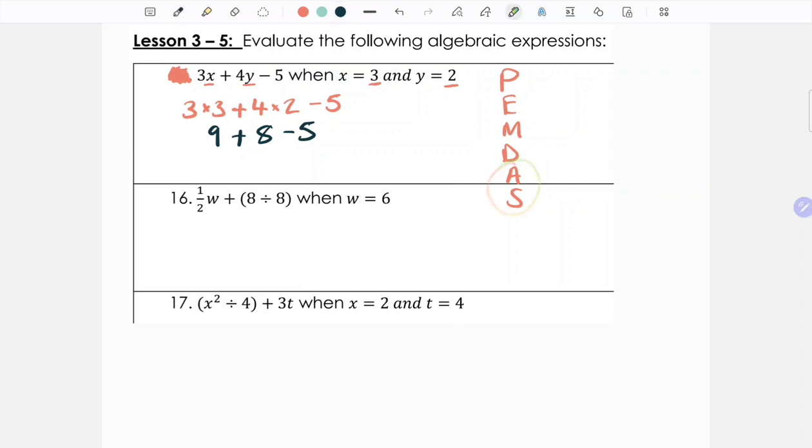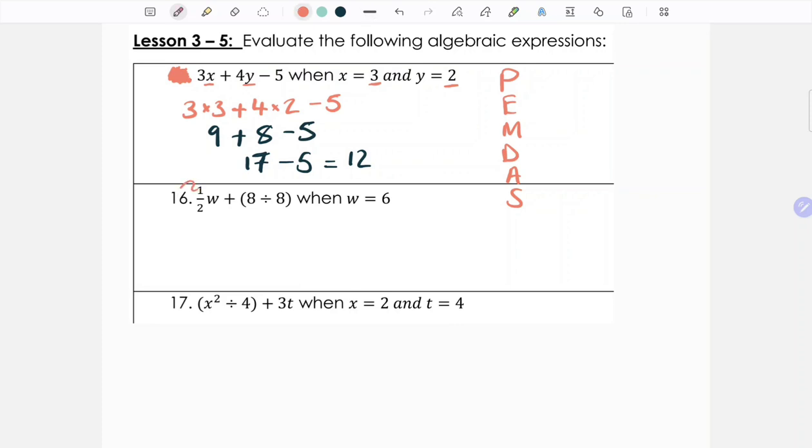Now, which one do we do first? Do we do the addition or subtraction first? Because they have the same priority, we just start from the left. So we do 9 plus 8, which is 17. 17 minus 5, which is 12. Okay, so we've done the first one.